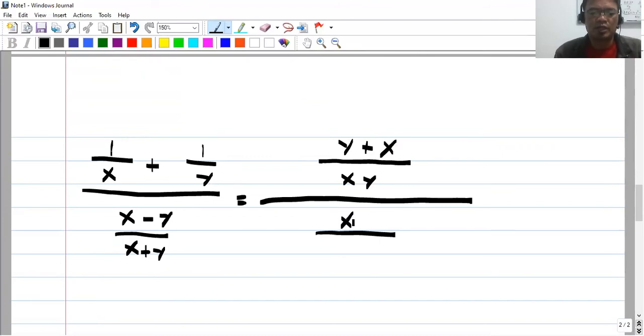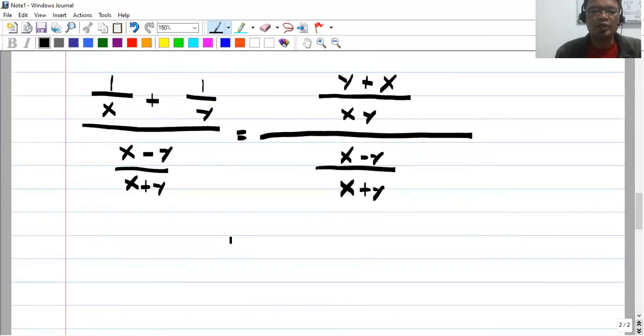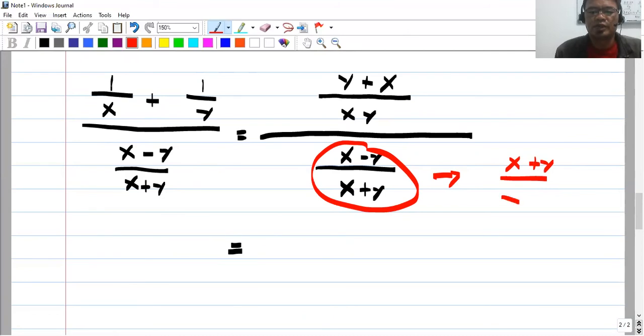All over (x minus y) over (x plus y). Again, the same process. We get the multiplicative inverse of the denominator, and that is (x plus y) over (x minus y), to be multiplied to the numerator. So we have x plus y.